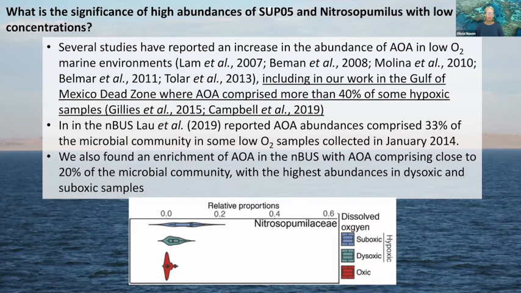We also found an enrichment of AOA in the NBUS, with this archaea comprising close to 20% of the microbial community, with the highest abundances in dysoxic and suboxic samples. This is a plot of their relative proportions, and we can see that their abundances are highest when conditions are suboxic or dysoxic, and decrease with increasing oxygen.